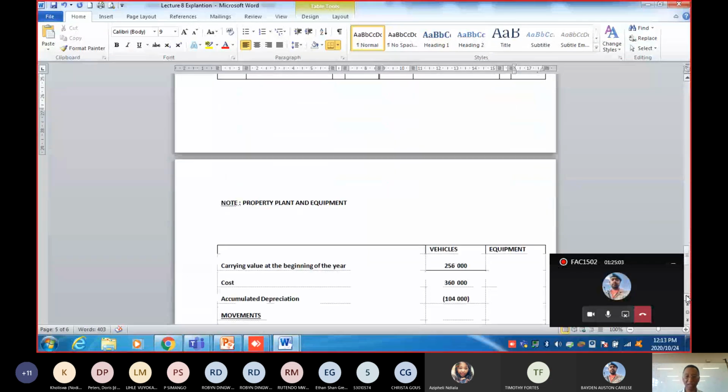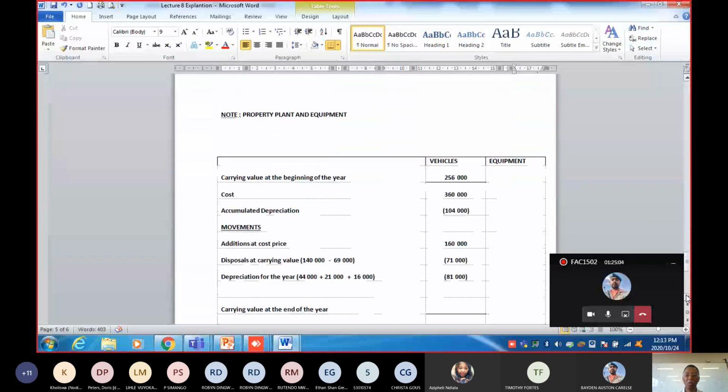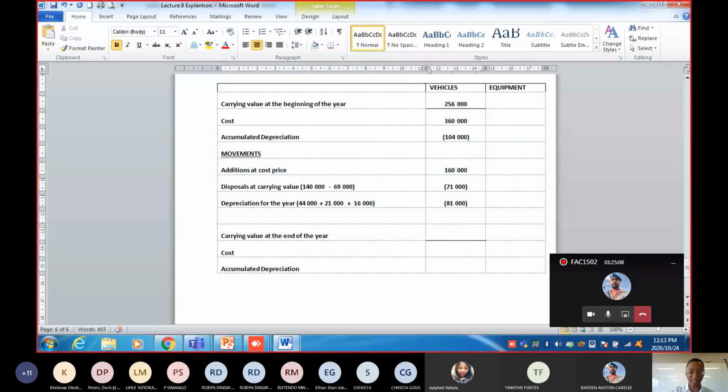So in your note, if you want to know what is the cost at the end of the year, it is 380,000 rand coming from the ledger account, the closing balance of your ledger account. And the same applies to accumulated depreciation.